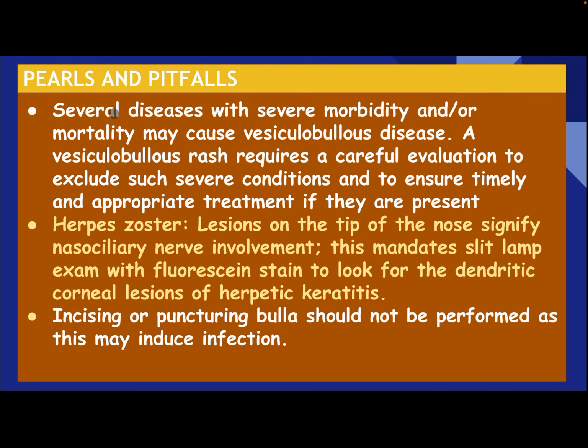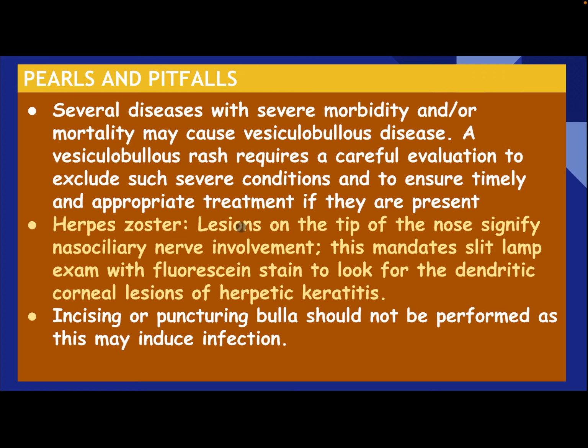Pearls and pitfalls. Several diseases with severe morbidity and/or mortality may cause vesiculobullous disease. A vesiculobullous rash requires careful evaluation to exclude such severe conditions and to ensure timely and appropriate treatment if they are present.